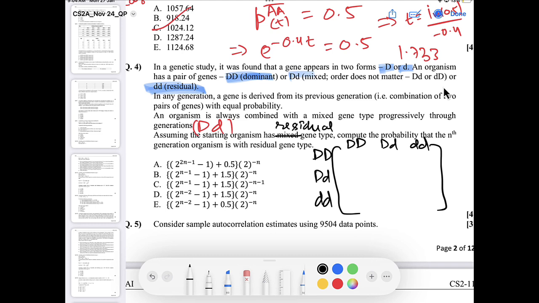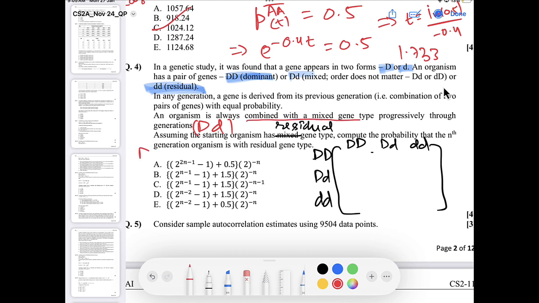Let's see what happens if a capital D individual mates with another capital D. The question is, what is the probability that you go from a capital D individual to a capital D individual? Now how do you work this one out? You have to assume that an organism is always combined with a mixed gene type.